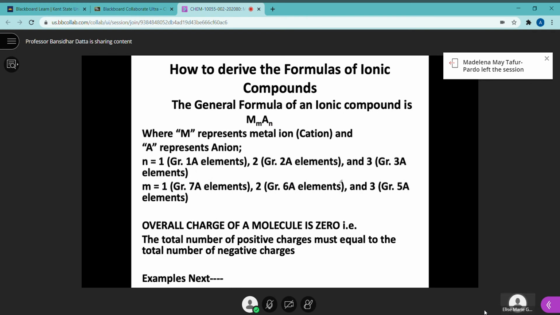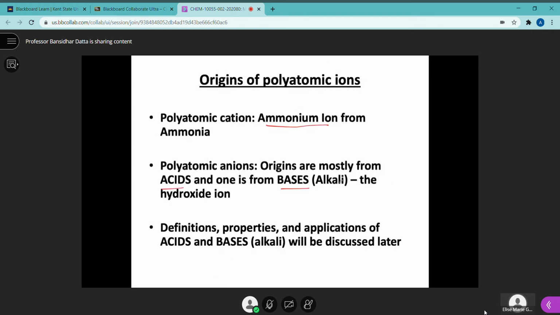Can you go back for like 1 second? Sure. So the origin of the polyatomic ions: ammonium is NH4 plus, a polyatomic cation, only one. Polyatomic anions are many, as you saw in the list. One came from bases, that's the hydroxide, OH minus.